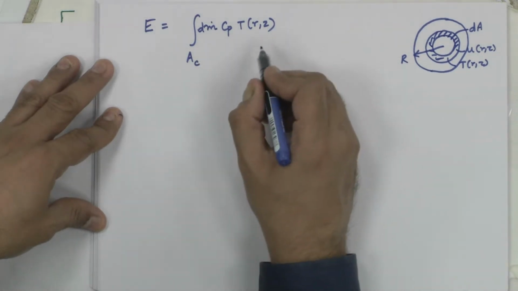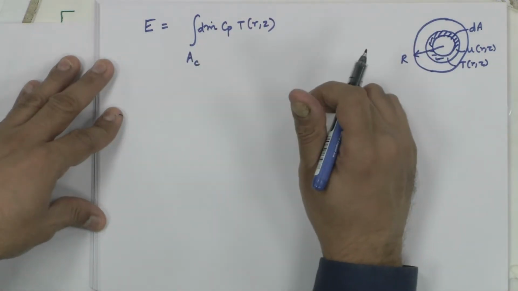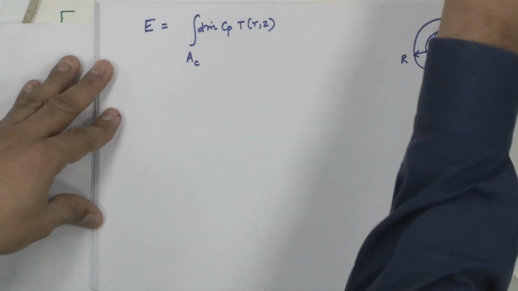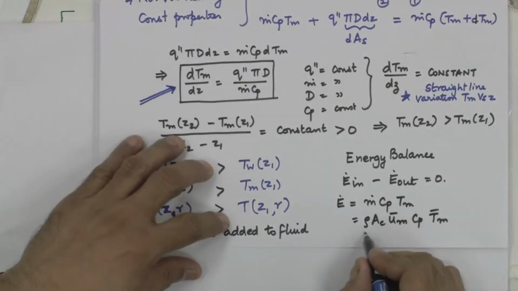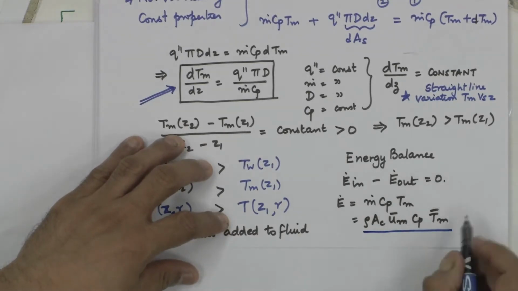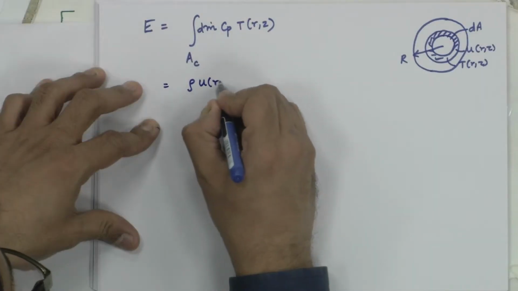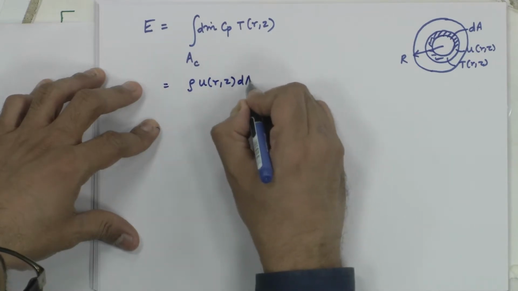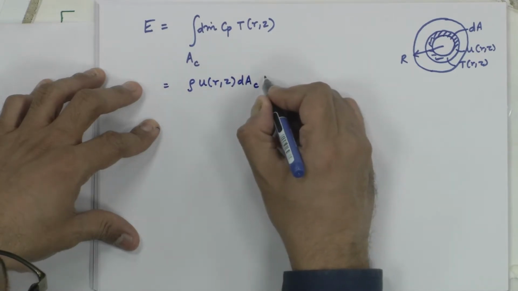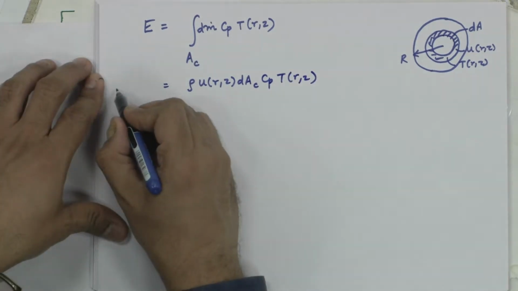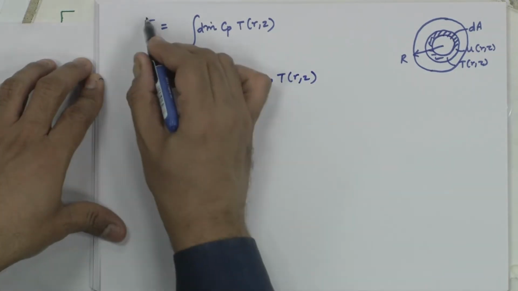When I integrate this over the entire cross sectional area of the pipe, I would get the same energy content as given by this formula here. And here this is the unknown quantity. So, dm is nothing but rho u of r comma z dA, Cp T of r comma z, and this is equal to E dot.